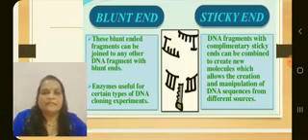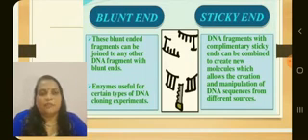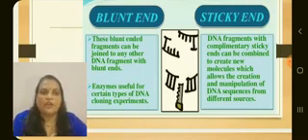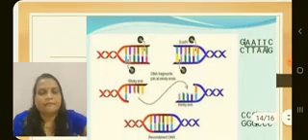Blunt-ended fragments can be joined to any other blunt-ended fragments, and these enzymes are useful for certain types of DNA cloning. The most useful restriction endonucleases are the endonucleases that produce sticky ends, because DNA fragments with complementary sticky ends can be combined to create a new molecule, and this allows the creation and manipulation of DNA sequences from different sources.